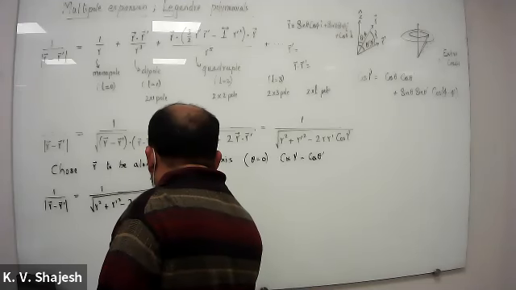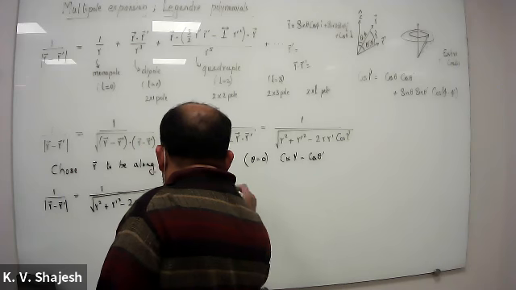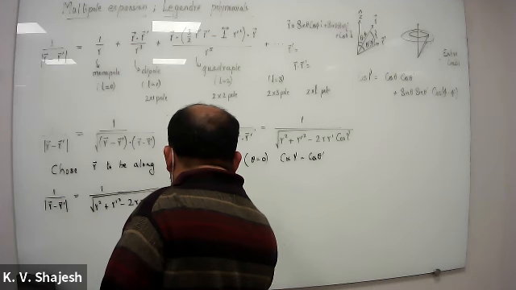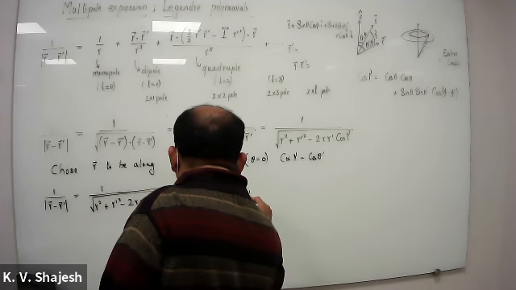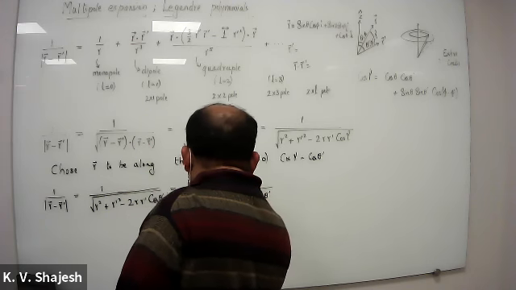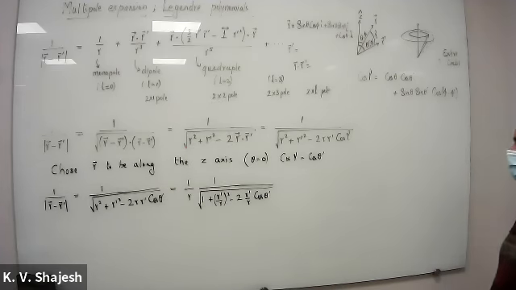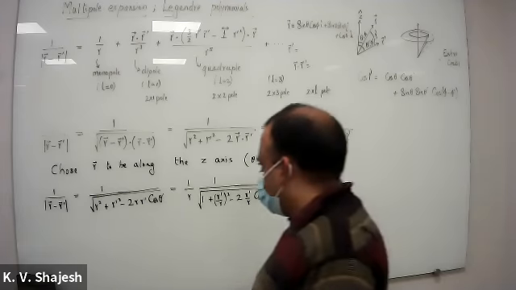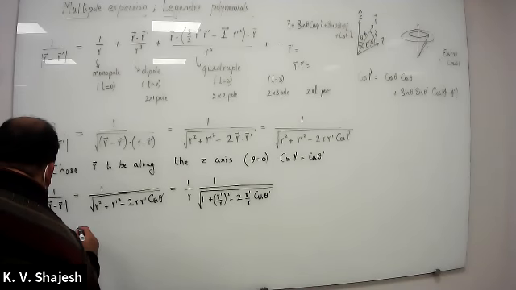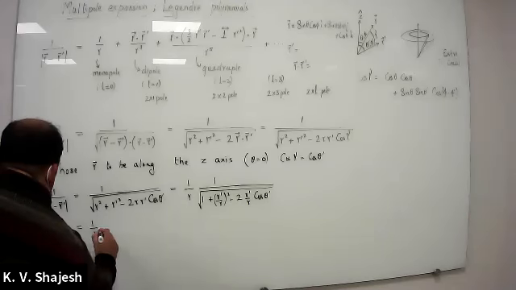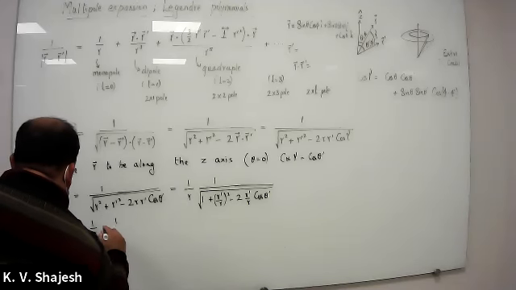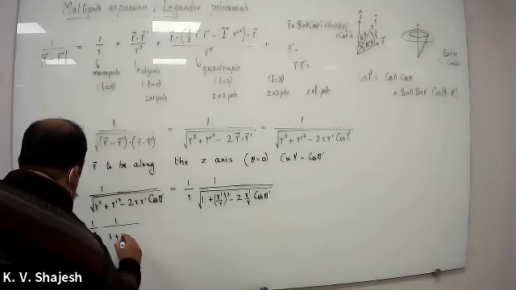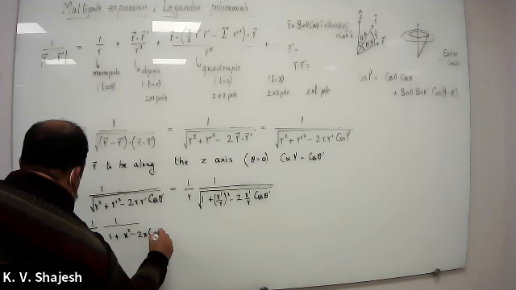So I have 1 over r, and let me write this as 1 plus r prime over r squared minus 2 r prime over r cosine theta prime. So I have this quantity as 1 over r times 1 over the square root of 1 plus x squared minus 2x cosine theta prime.